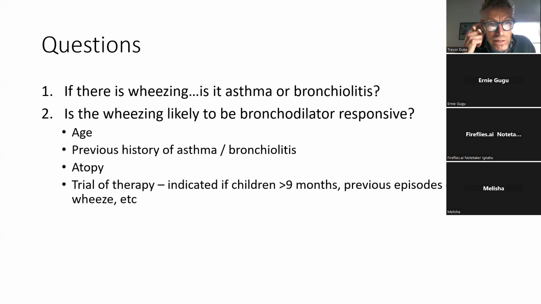Okay, if they've had several episodes of RSV in their first year, then often those children, not all the time, but often they go on to get wheeze or asthma in the second and third year of life. If they've got atopy like allergic rhinitis or eczema, and then you try a trial of therapy.